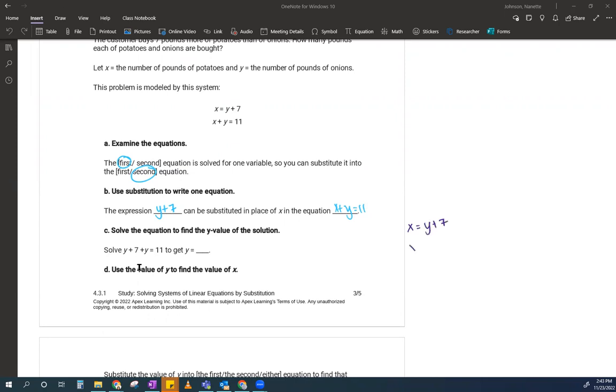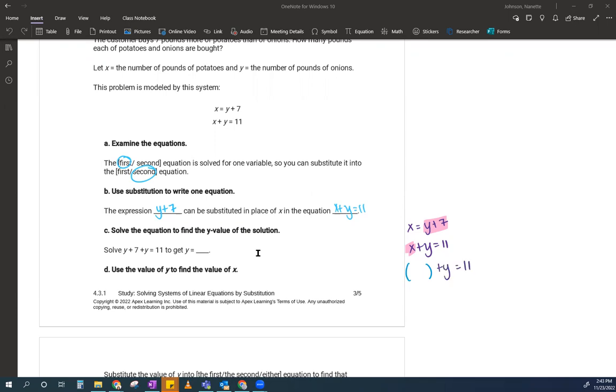So the very first thing I'm going to do is take all of this and put it in for the X spot. Again, I will be using parentheses and then plus Y equals 11.